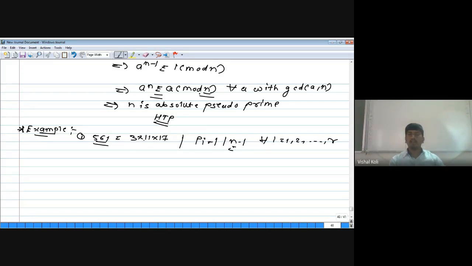So we have to check 3 minus 1 is 2, 11 minus 1 is 10, and 17 minus 1 is 16. So whether 2, 10 and 16 divide n minus 1, that is 560, or not.